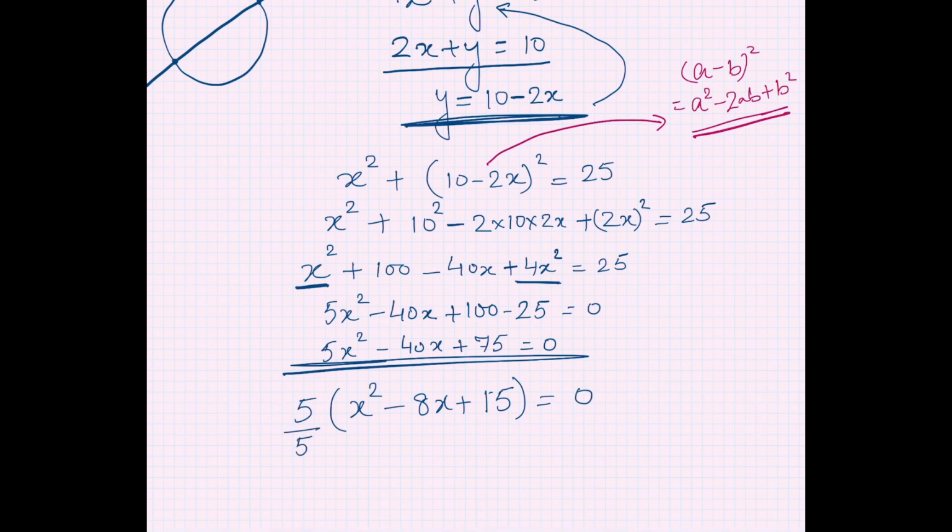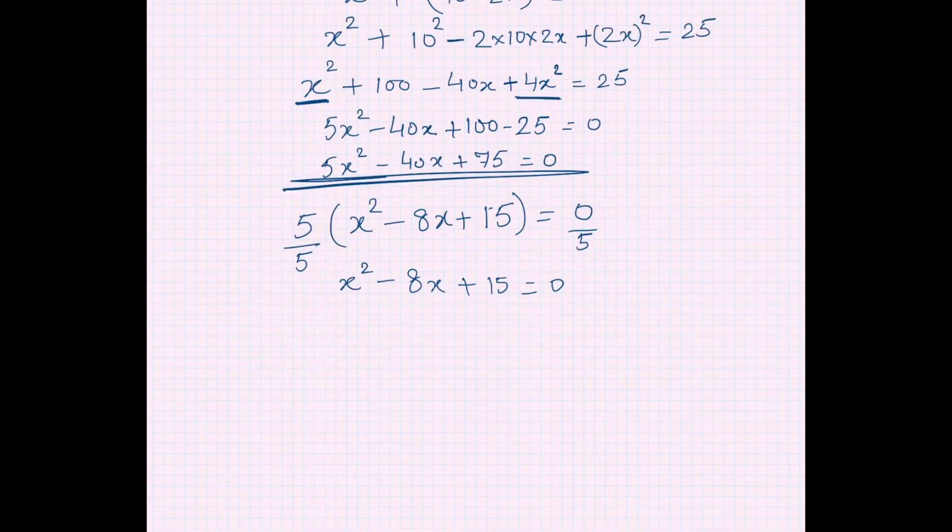We can divide by 5 on both sides to simplify our equation, and now we have x squared minus 8x plus 15 equals 0. Now, how to solve a quadratic, I'll make another video to show exactly how to do it. If you know how to do it, that's amazing.